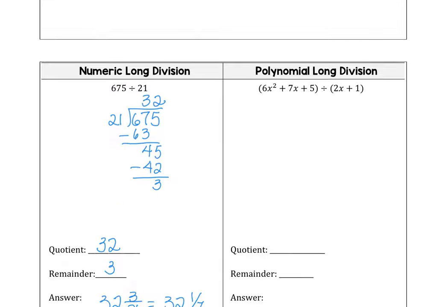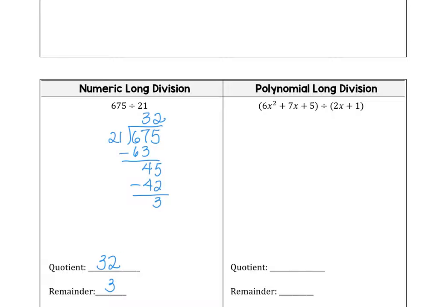We've already seen earlier that we could do the same thing with polynomials. 2x plus 1 divides 6x squared plus 7x plus 5. 3x times 2x is 6x squared, and 3x times 1 is 3x.